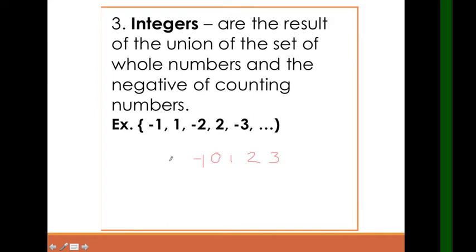So these are examples of integers. At sa integers, kabaligtaran siya ha. Kapag negative, laging nasa tabi ng 0 ang 1 and then tuloy-tuloy siya. Unlike dito sa positive, 1 din and then tuloy-tuloy going up siya.